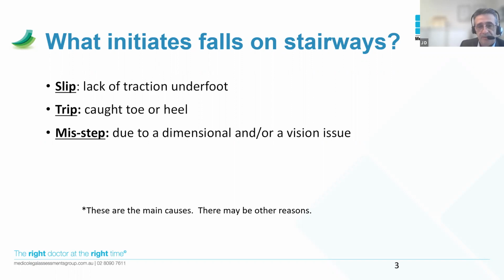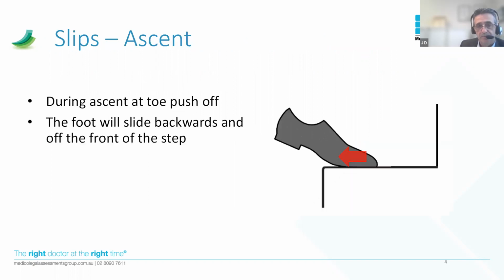And then you have a misstep, which is typically where the foot isn't placed on the step correctly and the person cannot transfer their weight accordingly to the step, and that causes either a slip or a trip or a combination.